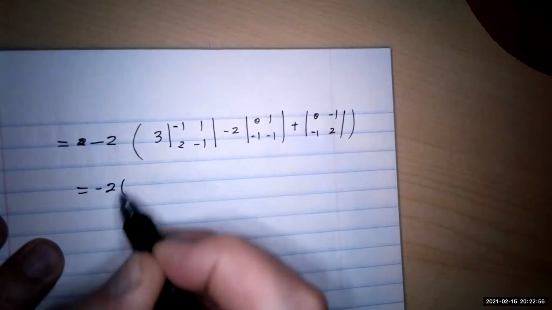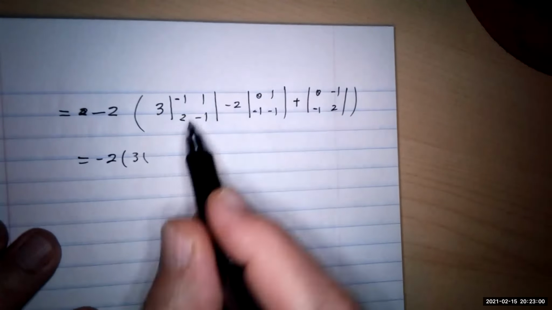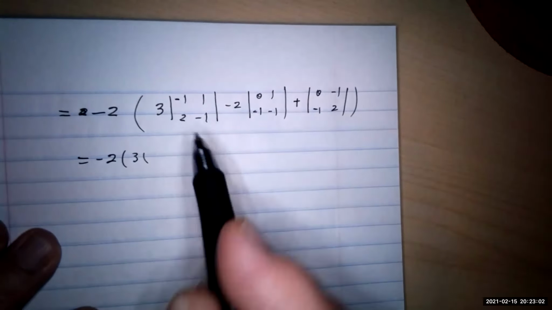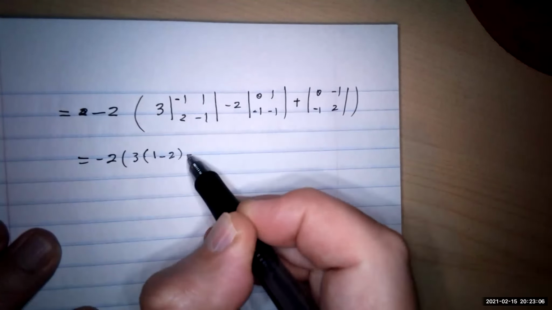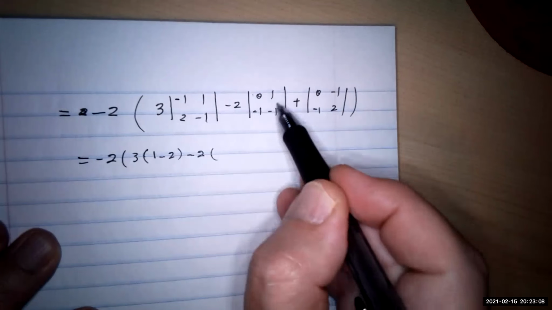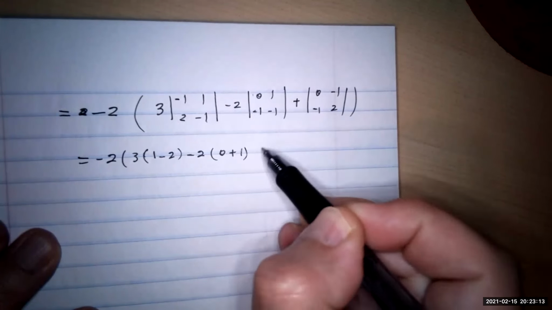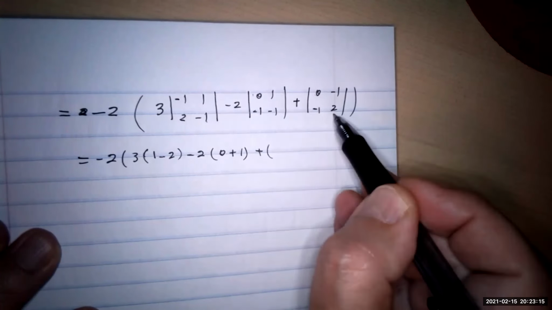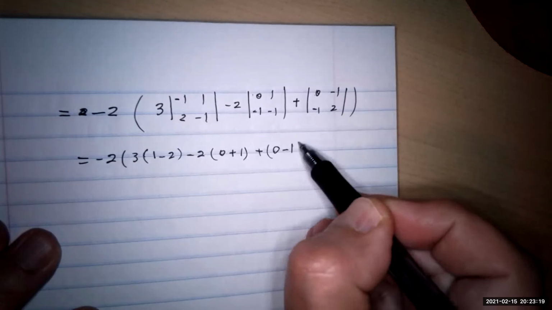It's a negative 2 times. It's going to be 3 times. You see, this is a positive 1 minus 2. And this is going to be minus 2. This is going to be 0, 0 minus, which is going to be plus 1. And it's plus 0 minus, and this is just 1.